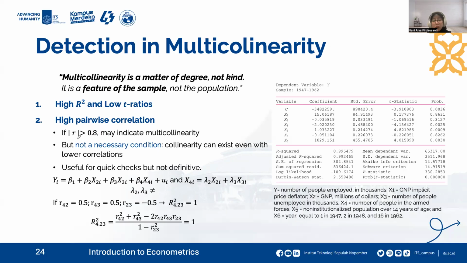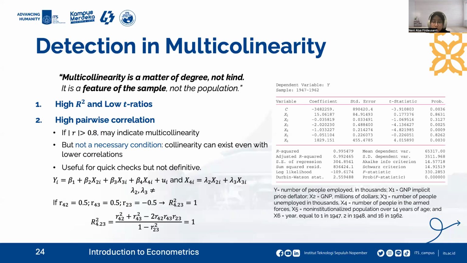So if some of the variables are highly correlated, maybe it's wise to choose one of the variables and not include all of them. But this is not a necessary condition.